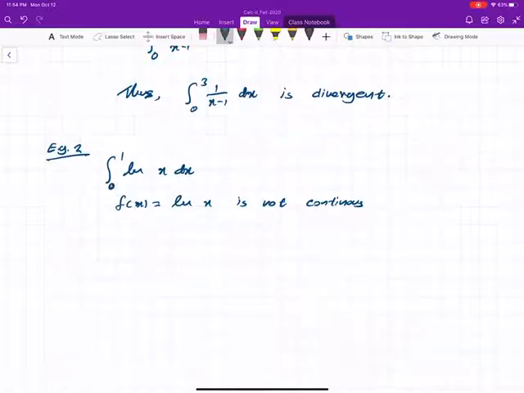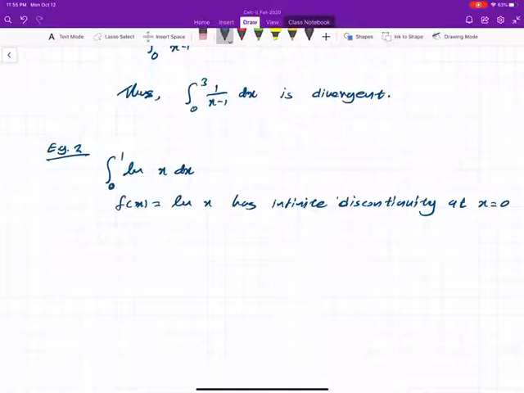It is not defined at x equals 0. This has an infinite discontinuity at x equals 0.